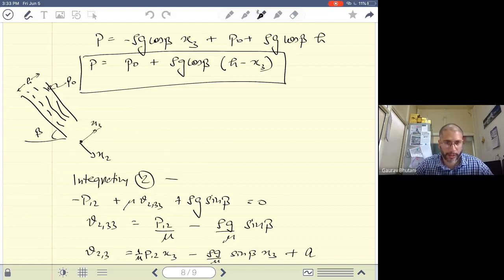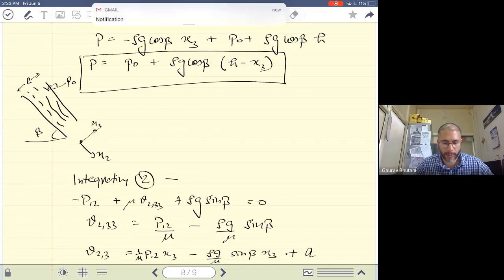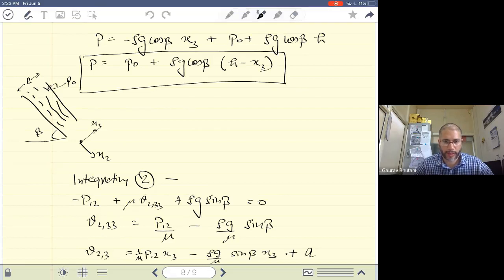Okay, so we can check, we can differentiate that with respect to x3, and we will get p,2 by mu and minus rho g by mu times sine beta. So we can integrate that again.